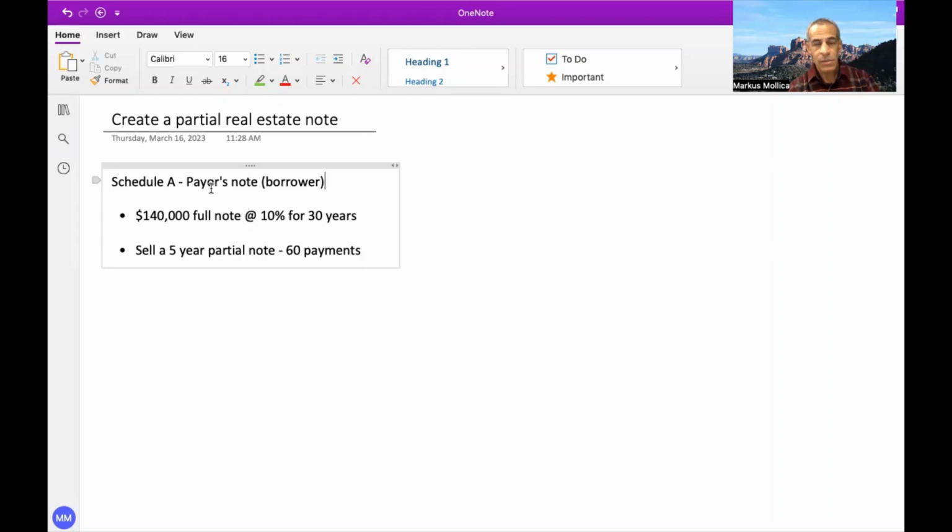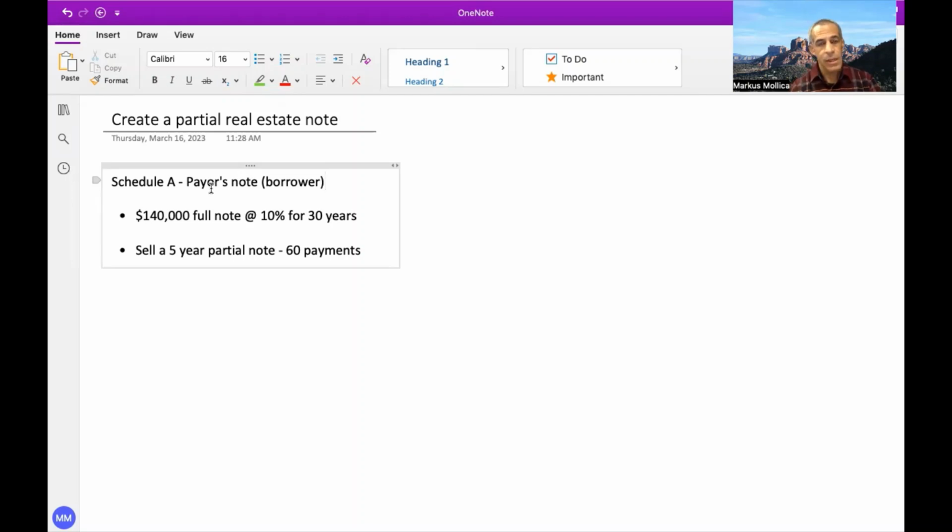There's another schedule if I sell this partial at a discount to, let's say, another note investor who wants a 12% return on a note that is actually at 10%. That would be called the basis schedule, because that schedule is at the rate, which is the yield that that investor is getting.